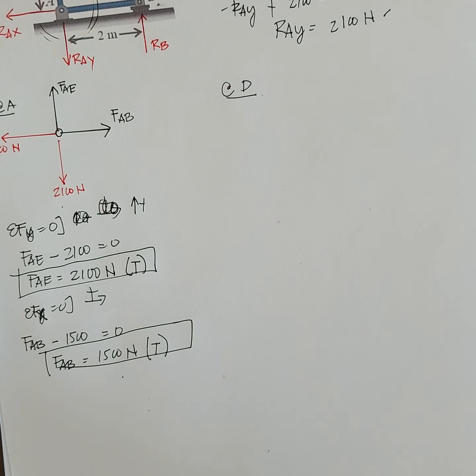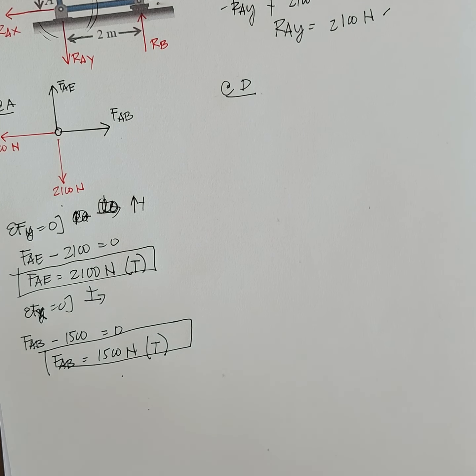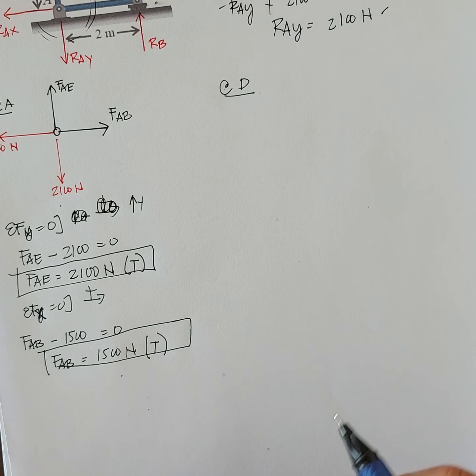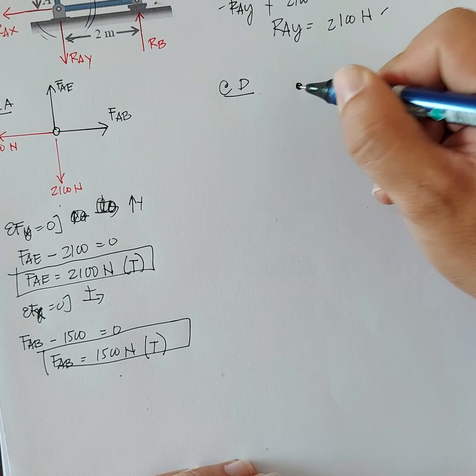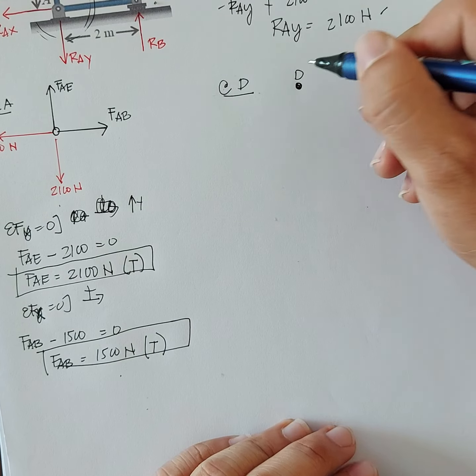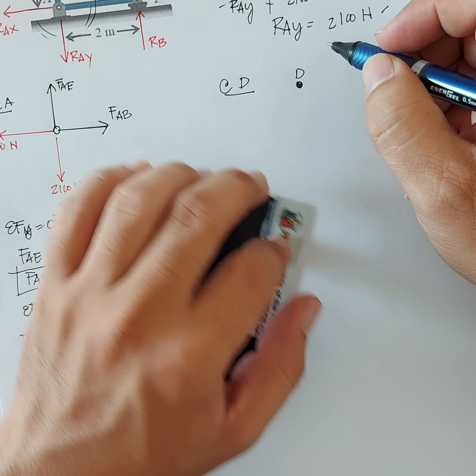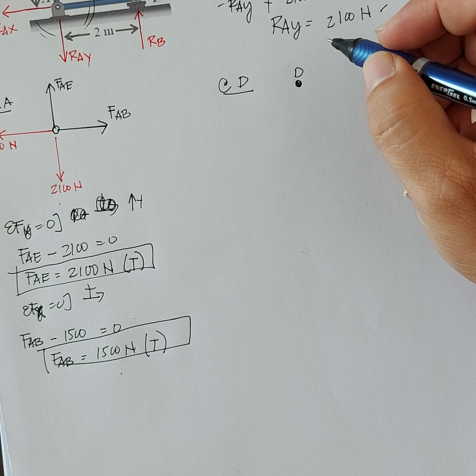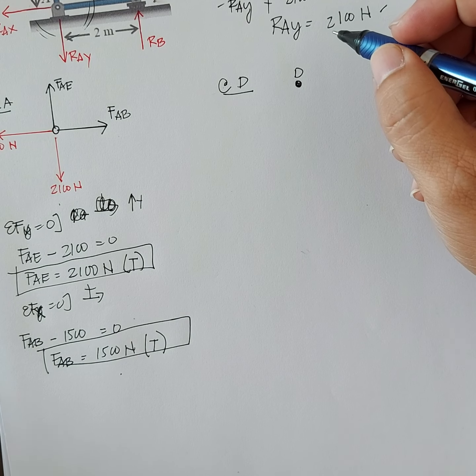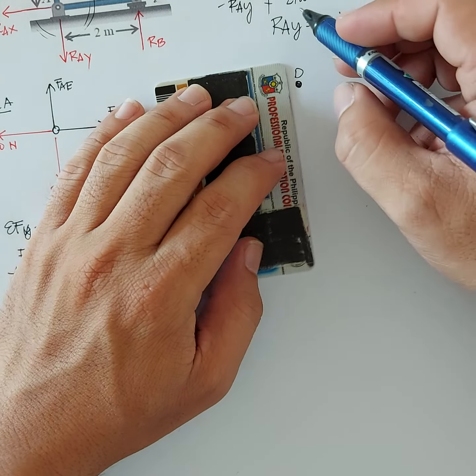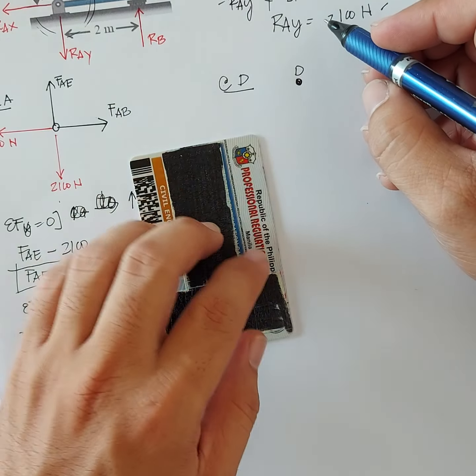So at joint D, drawing natin yung free body diagram sa may joint D. So this is joint D. So, yung mga forces at joint D, dalawa. Ay, tatlo pala kasi meron tayong external force.